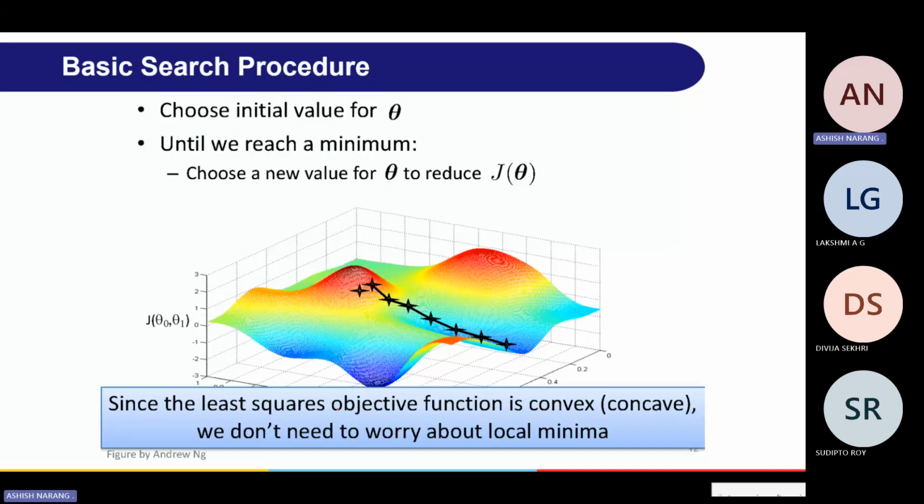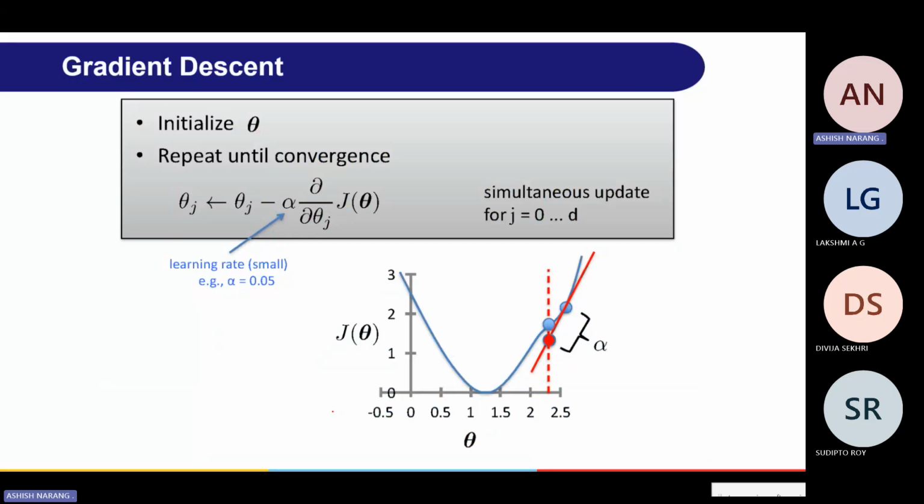Because there is no local minimum. There's only one global minimum there. Concave will have a maximum, while convex will have a minimum. Look at this, right? I have started with any value, and I am subtracting alpha times this particular derivative.